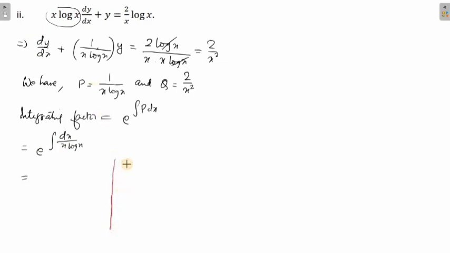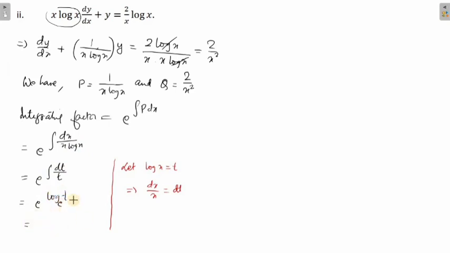Let log x equals to t. So when you differentiate, you get dx by x is equals to dt. So this can be written as e to the power, dx by x can be written as dt, so it becomes dt by, you have log x which is t. So here this becomes e to the power log t to the base e.